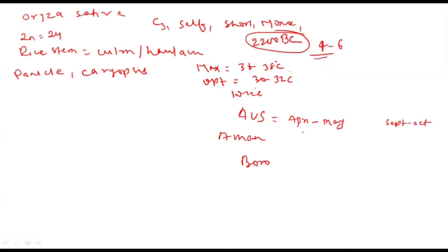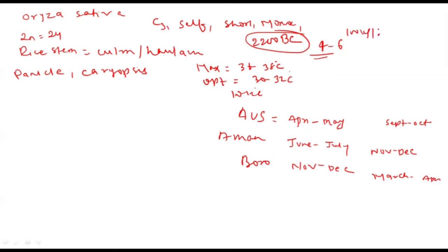For Aman, June to July is the sowing time, and the harvesting time is November, December. For Boro, meaning spring rice, November, December is the sowing time, and March, April is the harvesting time.